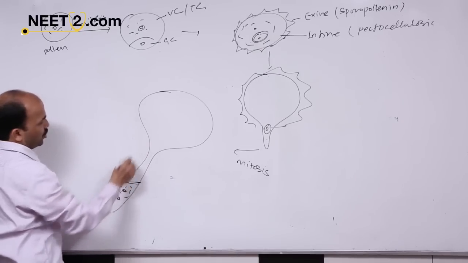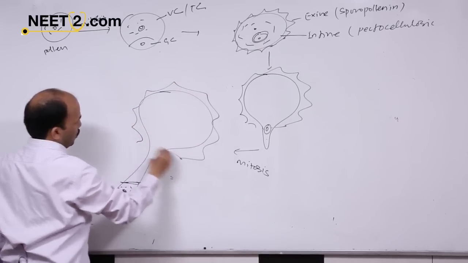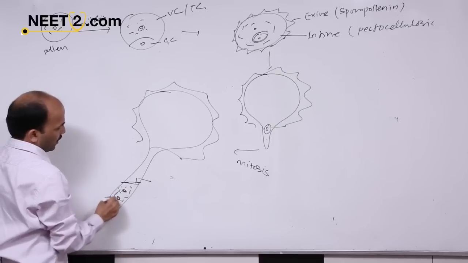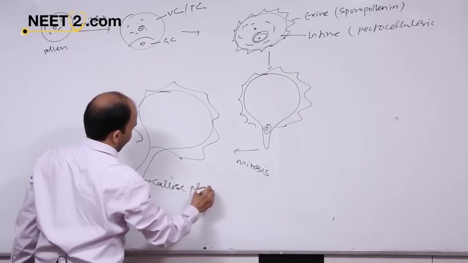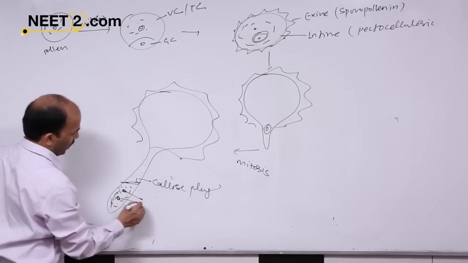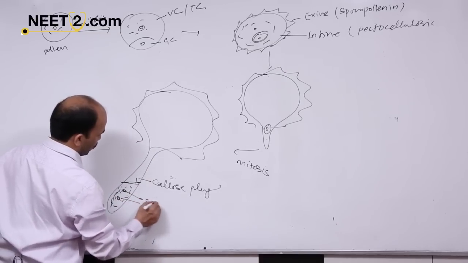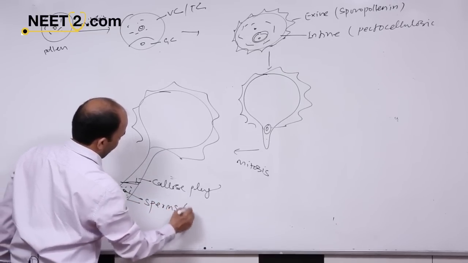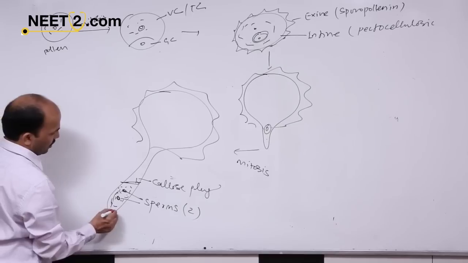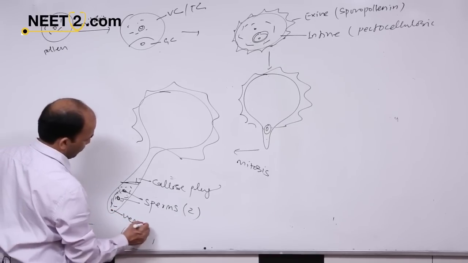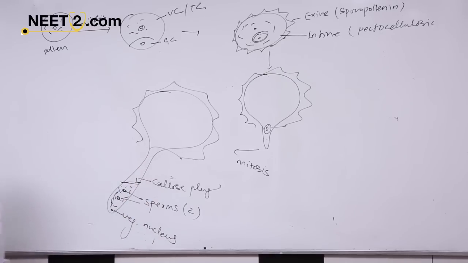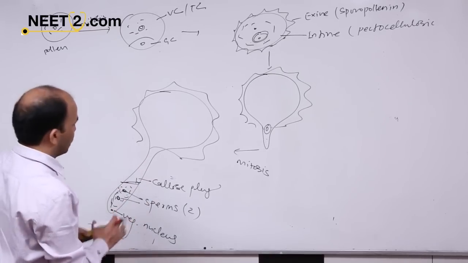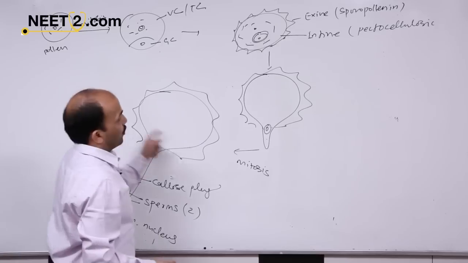Growth of the pollen tube occurs from the tip portion. To prevent the cytoplasm at the tip portion of the growing tube from moving back, there is formation of a callose plug. Here are 2 male gametes, 2 sperms. They will be used in the act of double fertilization. This is the vegetative nucleus. This whole process is microgametogenesis. This is the structure of the male reproductive structure.